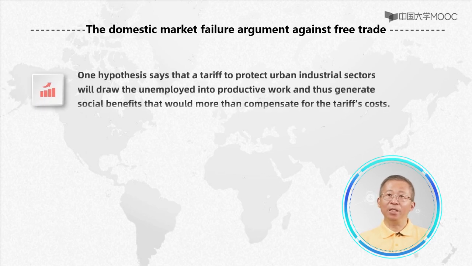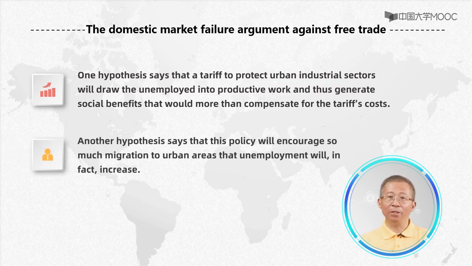What is the appropriate policy? One hypothesis says that a tariff to protect urban industrial sectors will draw the unemployed into productive work and thus generate social benefits that would more than compensate for the tariff costs.